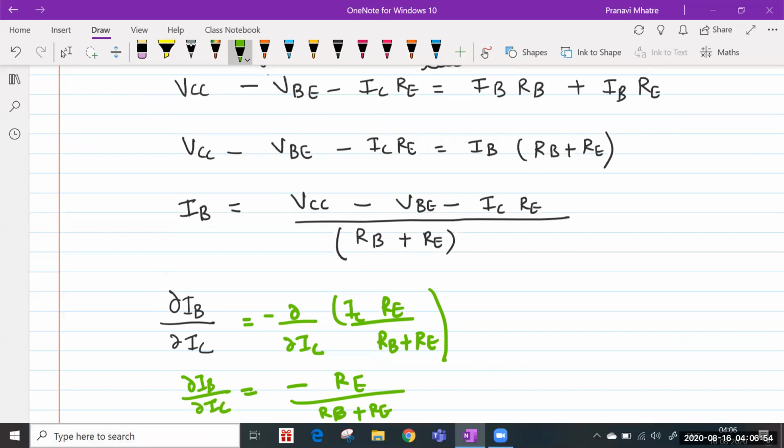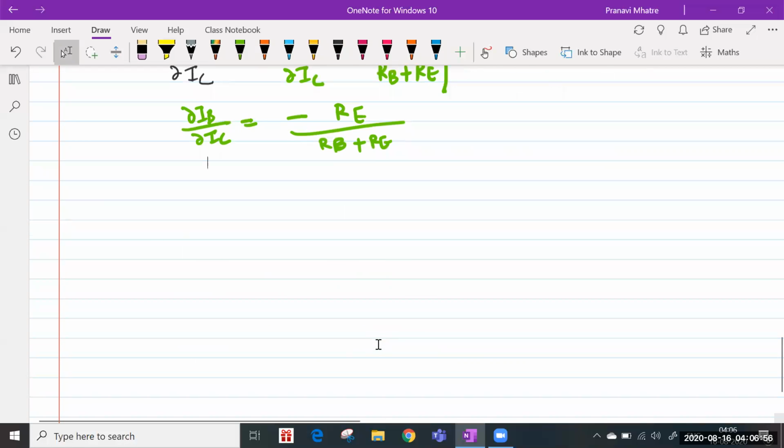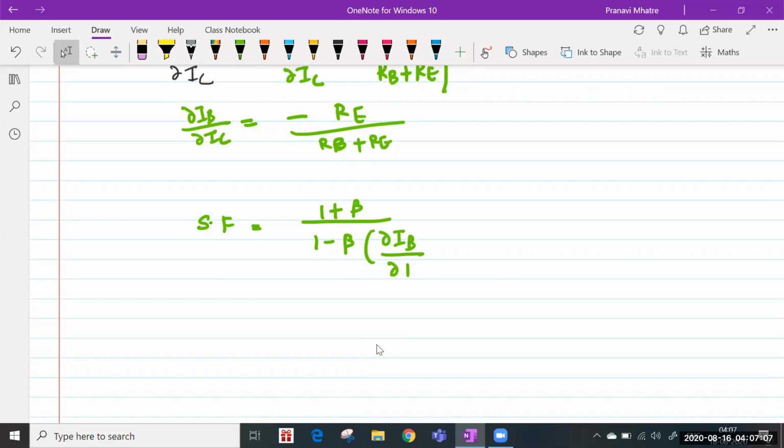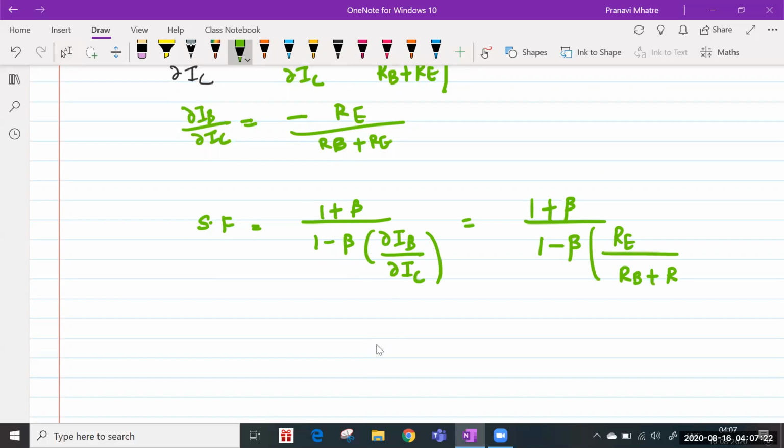So I'll substitute this value in the stability factor expression, which is equal to 1 plus beta upon 1 minus beta into dou IB by dou IC, which gives me 1 plus beta upon 1 minus beta times RE upon RB plus RE, but with a minus sign.